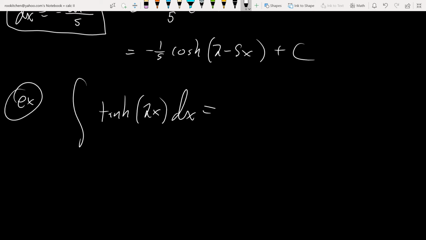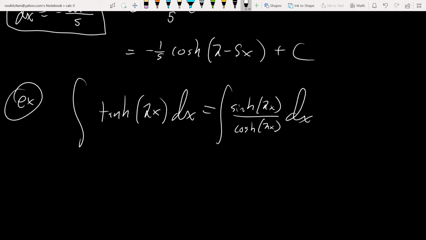So what do we do? If you had no clue, you could rewrite it as a quotient, right? So tanh is sinh over cosh. And then you could do a u sub for the denominator. So du is sinh 2x times the derivative of 2x dx.